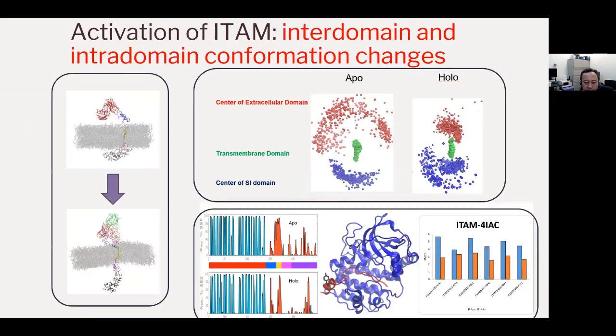Here's a key idea. Now we think the activation mechanism is that binding induces the conformational change, including the interdomain change and also intradomain change, which allows the kinase to come here to bind.